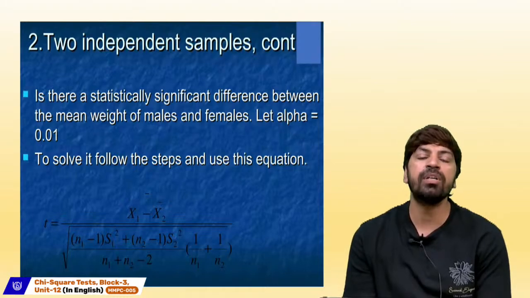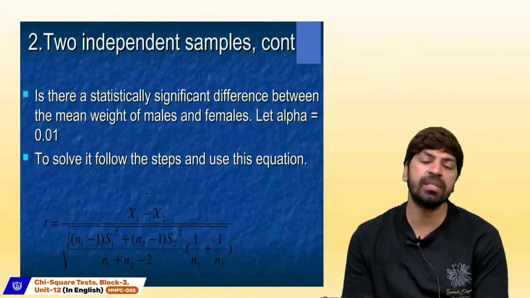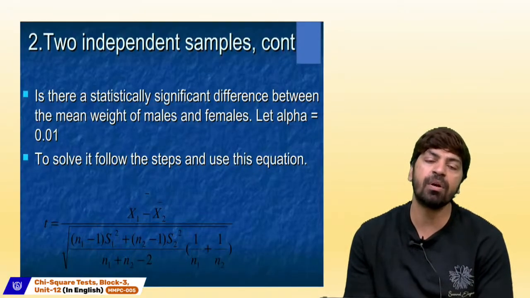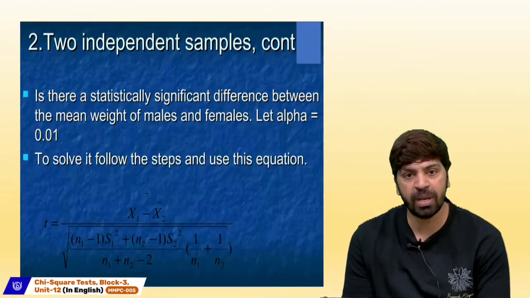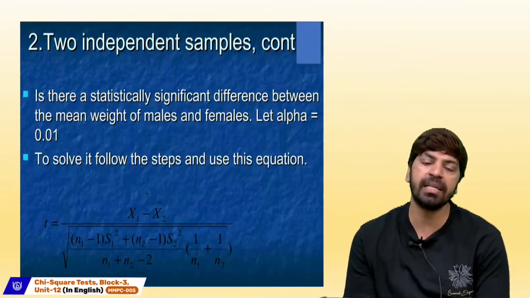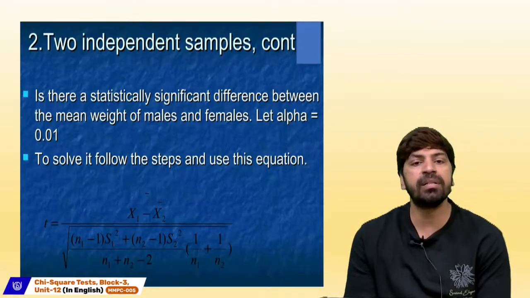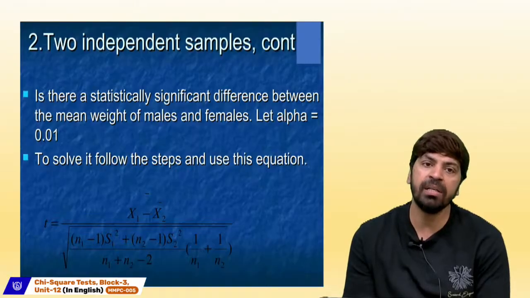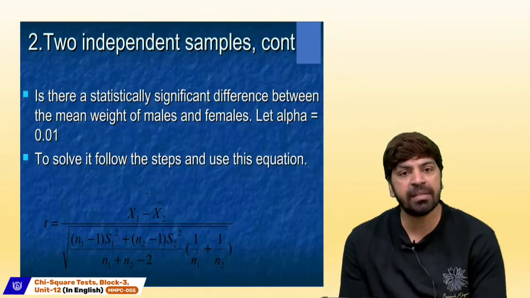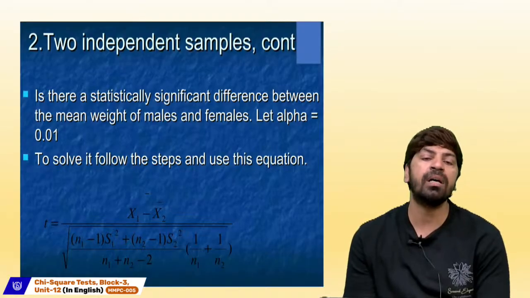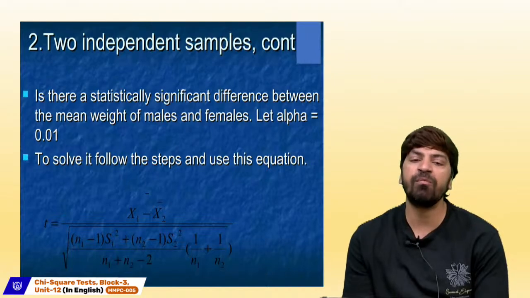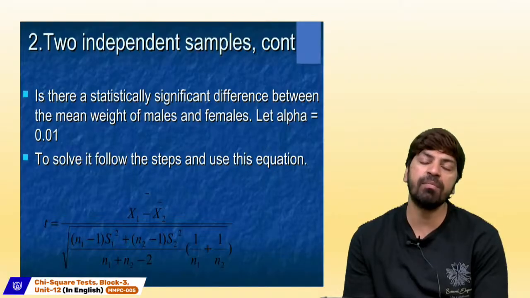To solve, we follow the steps and use this equation. When we are using two independent samples of means, we use this formula: x1 bar minus x2 bar, divided by the square root of the pooled variance, that is (n1 minus 1)s1 squared plus (n2 minus 1)s2 squared, divided by n1 plus n2 minus 2, into 1 by n1 plus 1 by n2.